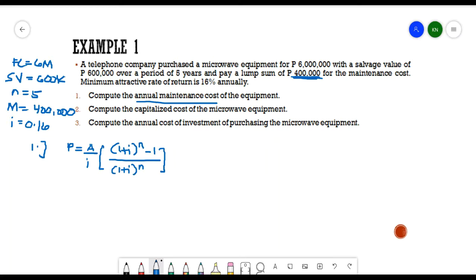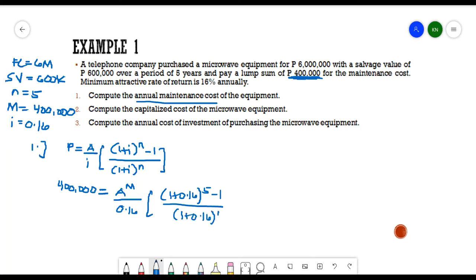Again, we already have the lump sum amount of 400,000. So 400,000 is equal to, let's say A is the annual maintenance, A over I, which is 0.16, multiplied by 1 plus 0.16 raised to N, which is 5, minus 1 all over 1 plus 0.16 raised to 5.